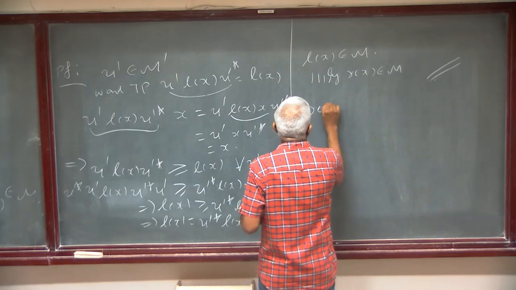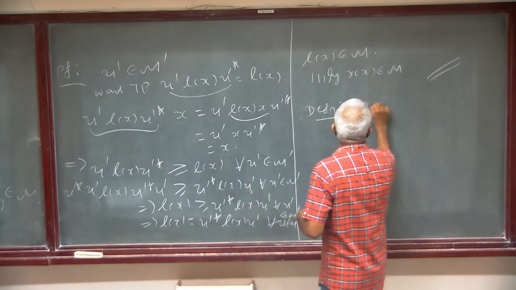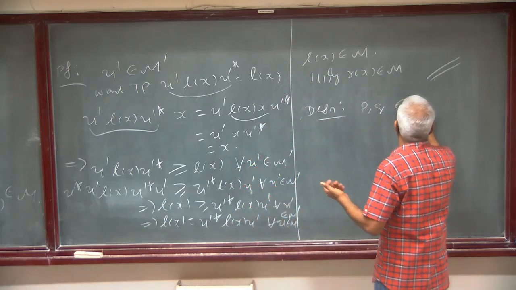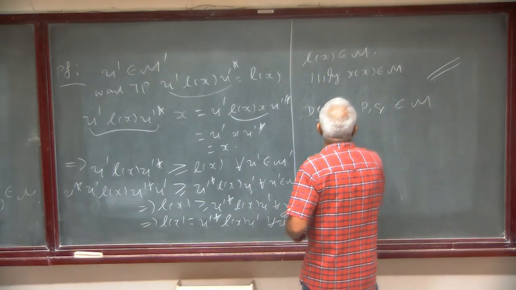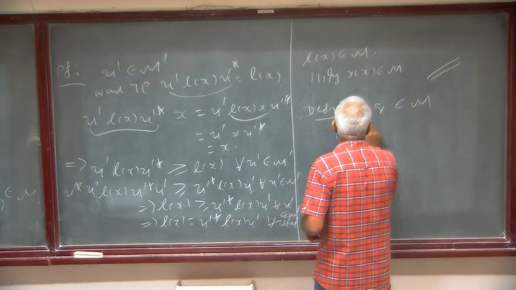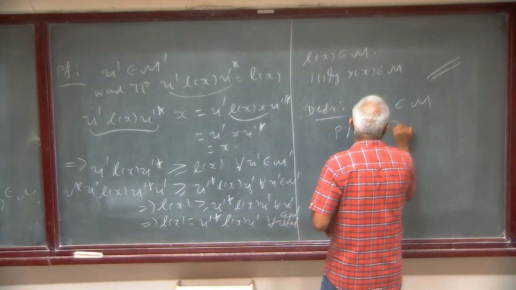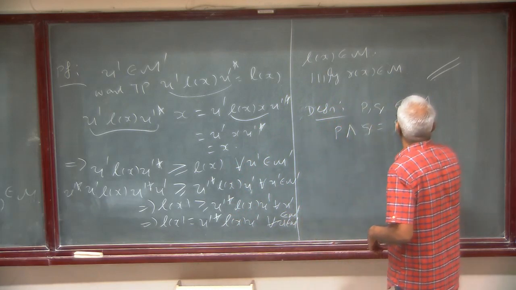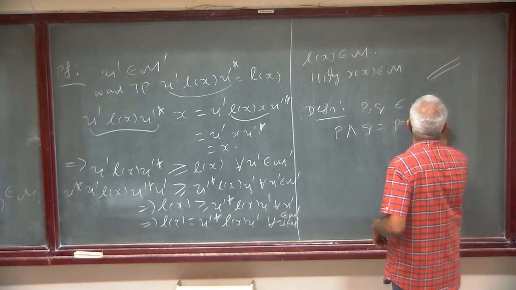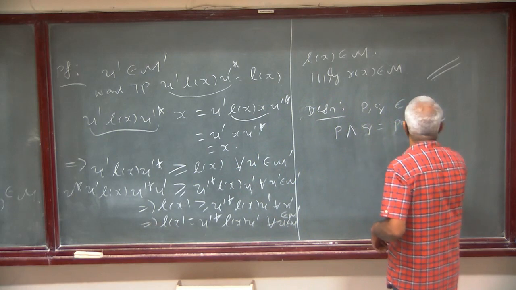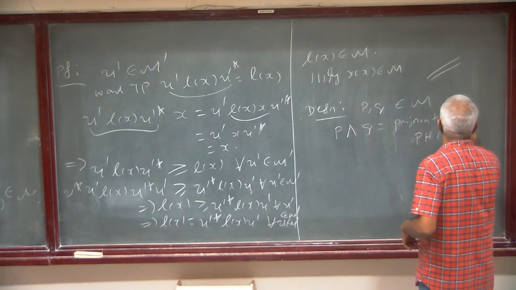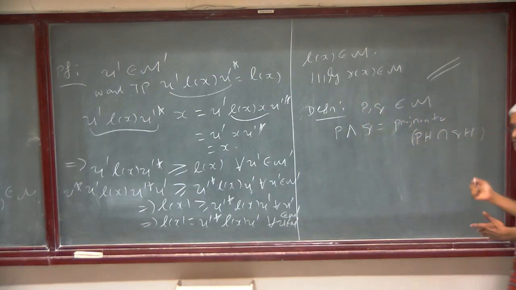So further, we define the following. If P and Q are projections in M, or a Von Neumann algebra, doesn't matter. Then P and Q, which is just the intersection, is just the projection onto PH intersection QH, which is well defined, of course.